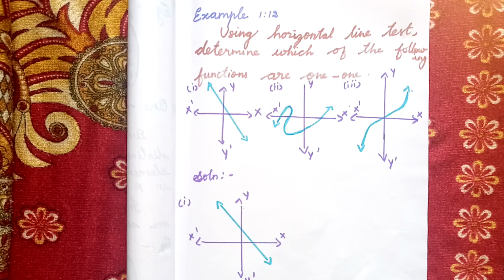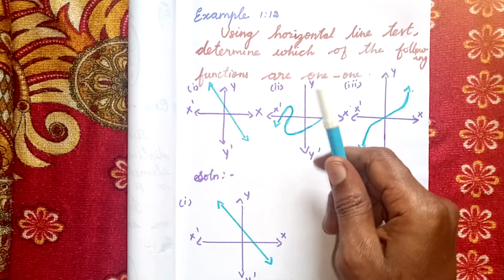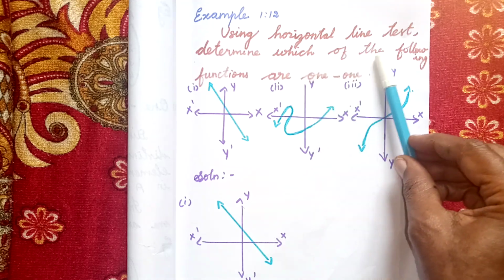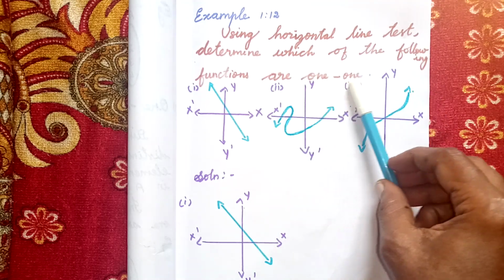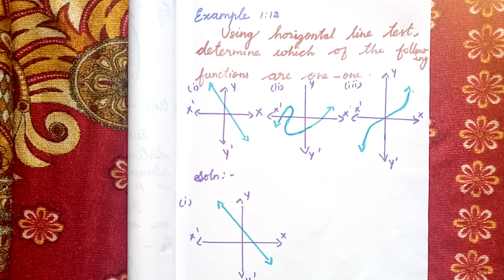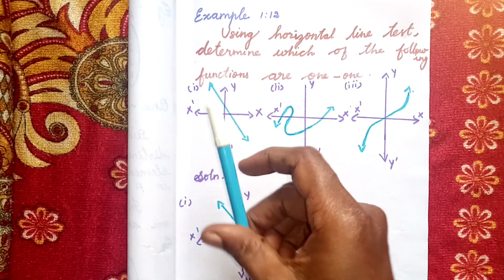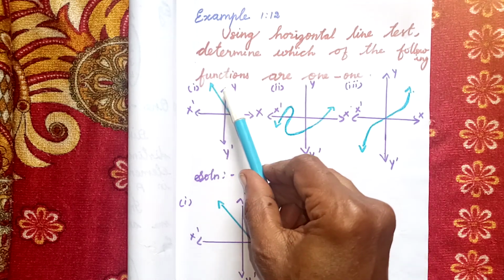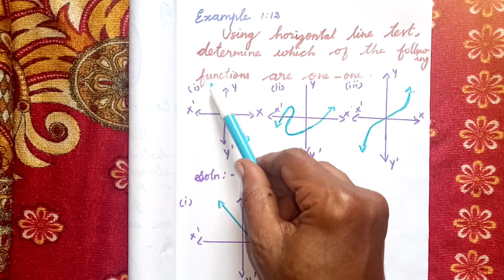Now I am going to explain example 1.12. Using the horizontal line test, determine which of the following functions are one-one. Here are the coordinates, here is the graph.